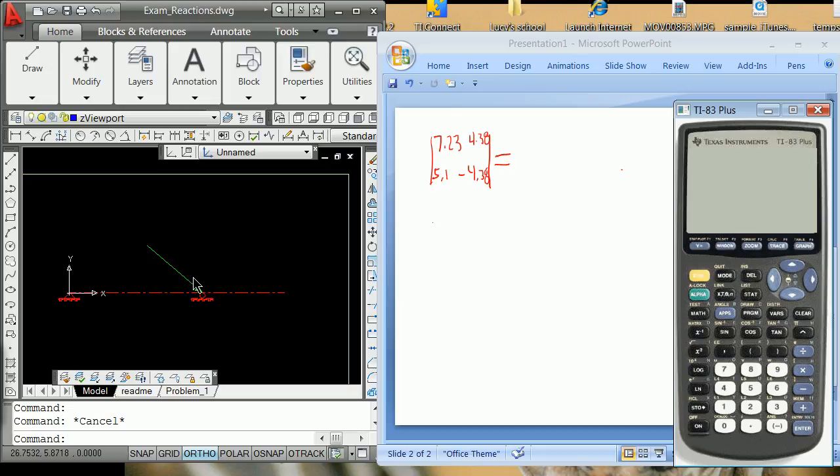You've got some information on a sheet of paper, and then you turn this on, hit clear, and you say, well, 7.23 times 4.38, and of course that was negative, meaning it spins in a negative direction, so we're going to go back here and set that in to be a negative 4.38. That gets us a minus 31, and then we can say plus or minus, as your case may be, minus 5.1 times 4.38.